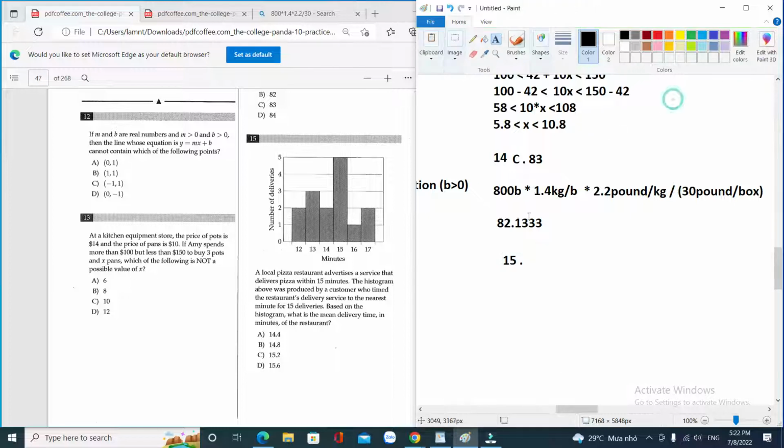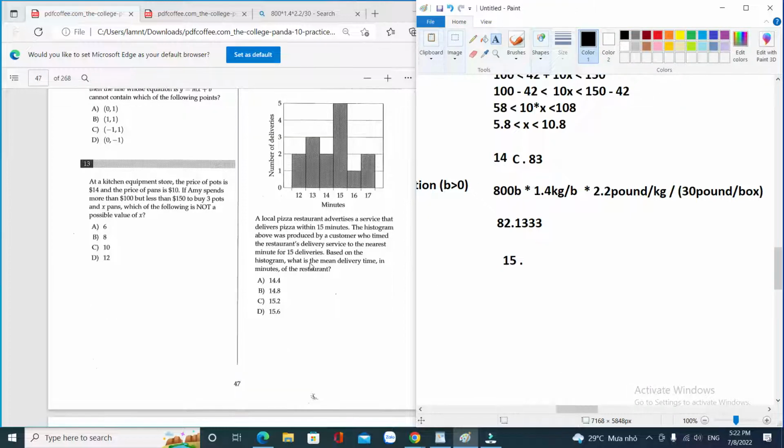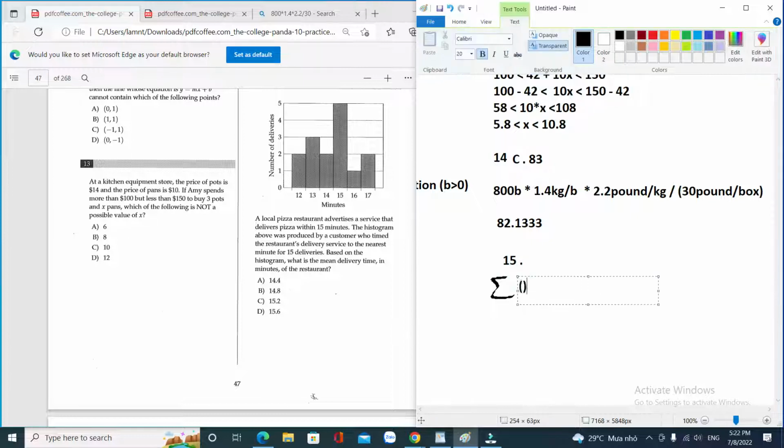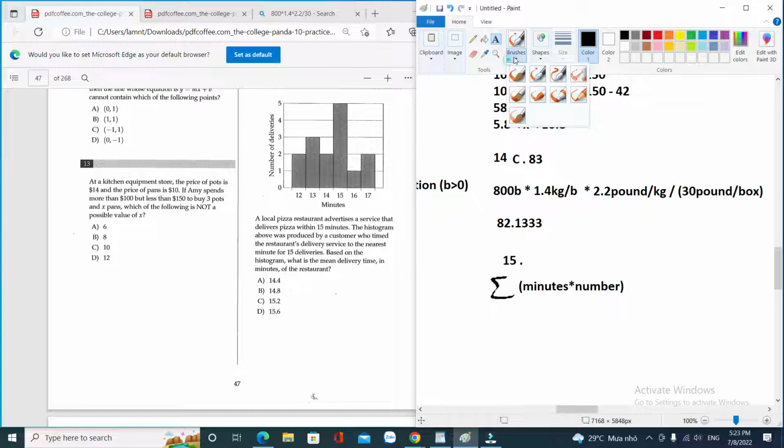So we're going to calculate the mean delivery time by calculating the sum of minutes times number, and we're going to divide that by the sum of number.